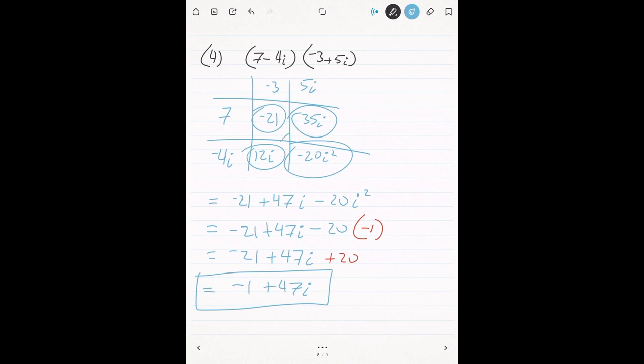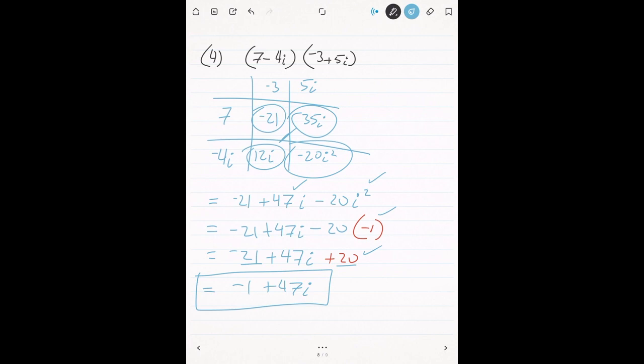When you combine the like terms together, you get a 47i. And then, hopefully you went through and said, well, i squared is in fact negative 1. So by subbing that value in, you can combine it with the other like term to get a negative 1 plus 47i.